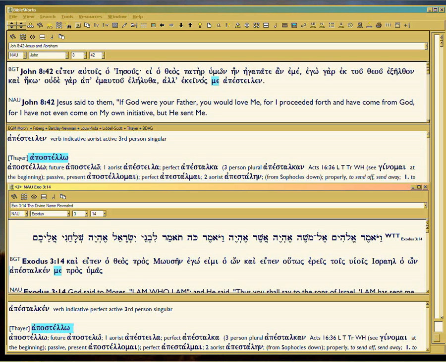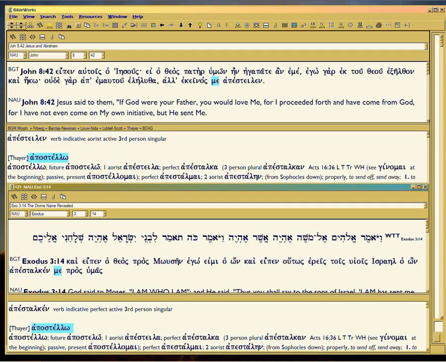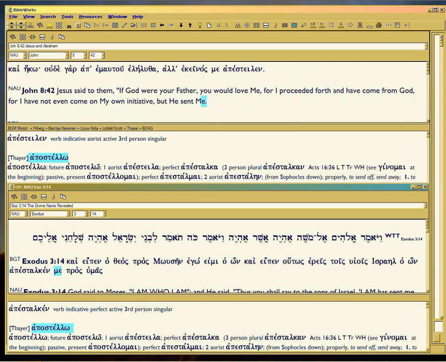That's the normal order. But here in the requote, and we're going to prove that it's a requote, you're going to die when you see the proof, he's putting it first in the proleptic position, meaning me he sent. By putting it in that order, you would say in English, but he sent me.